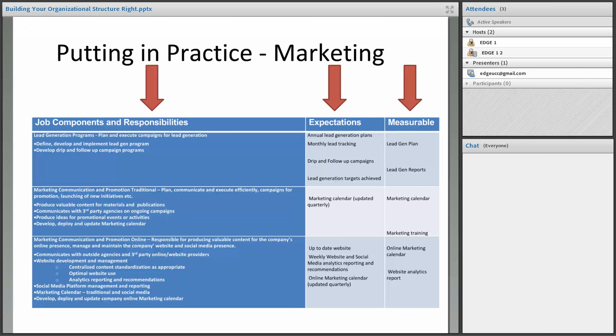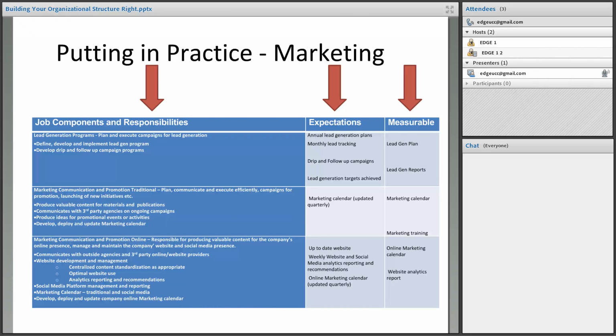Now let's move over to the column just to the right of that, where it says expectations. Now I am including expectations that I want to see related to that particular component of their job, called lead generation program.